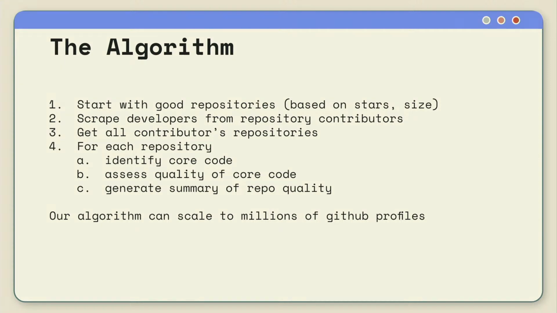And given these repositories, we scrape the top contributors from them, and we look at the contributors' repositories as well as the contributors' commits on the repository you're first referencing. And for these repositories and commits, we identify their code and evaluate the quality of their diffs and use all of this to generate a summary of the quality of the repos, the quality of the commits, and an overall quality score of the developer.